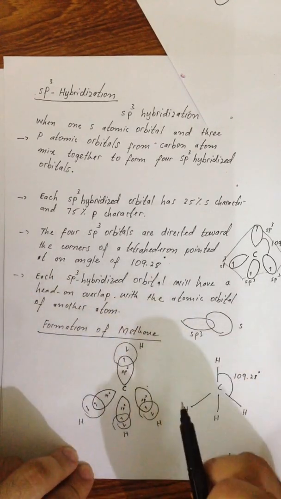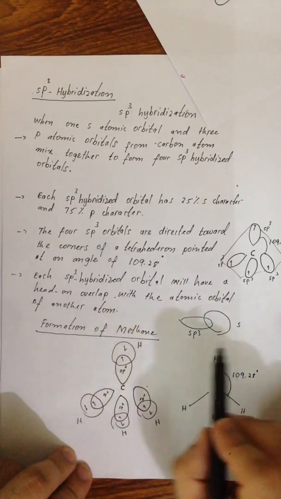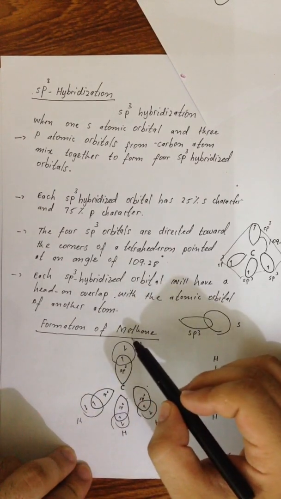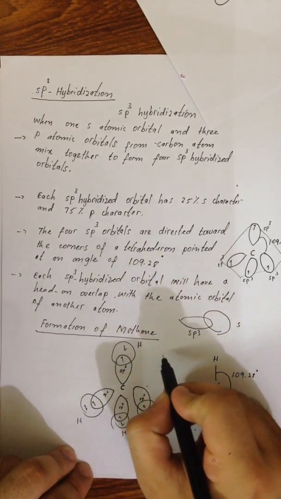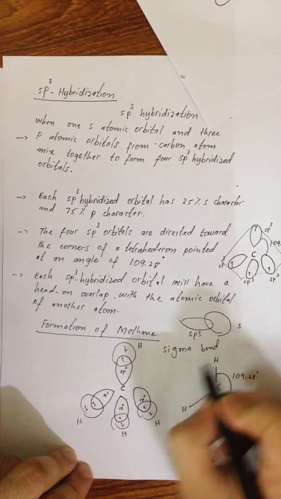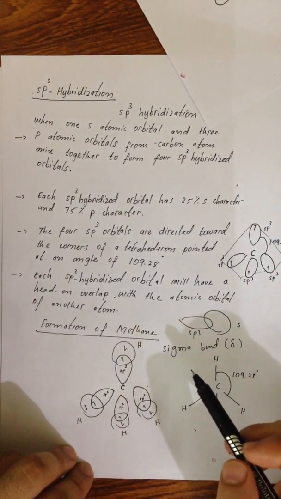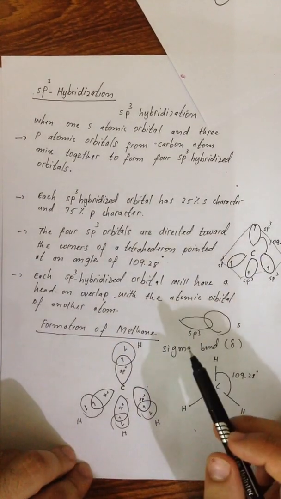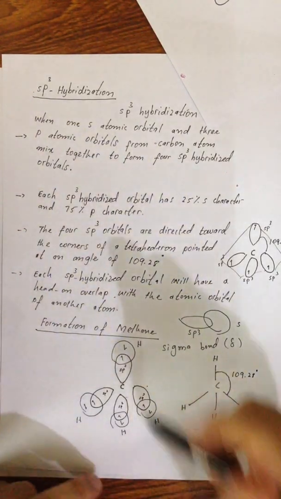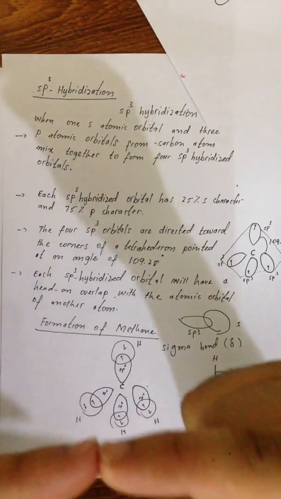In the formation of methane, four hydrogen atoms will come close to the sp3 hybridized orbitals of the carbon atom, and they will form a sigma bond, which is represented by this symbol. A sigma bond is the type of covalent bond which is formed by the head-on overlap between two atomic orbitals. Just like here, these orbitals are colliding or touching each other head-on.